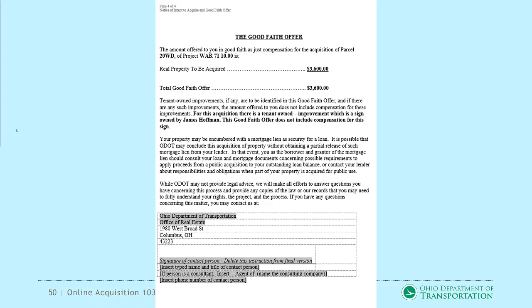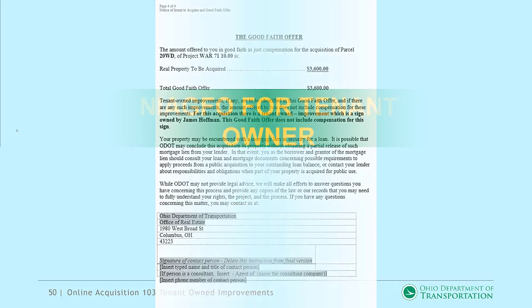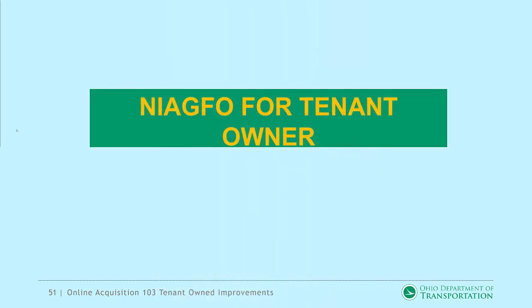The area that is bolded beneath it talks about how, for this acquisition, there is a tenant, and the improvement, which is the sign, is owned by James Hoffman. The good faith offer does not include compensation for this sign. So it clearly states that the fee owner would not be compensated for that improvement that is owned by the tenant owner. Now we're going to look at the NIAGFO for the tenant owner.